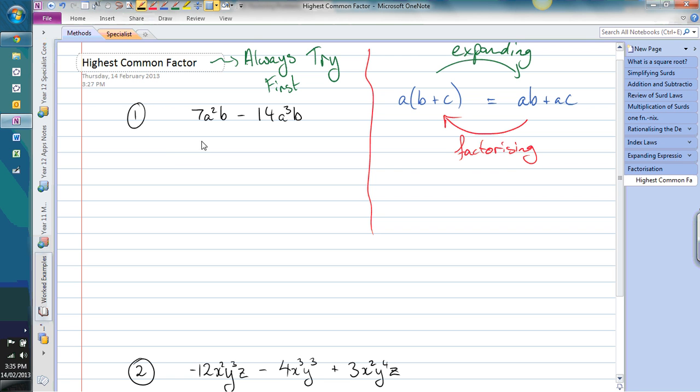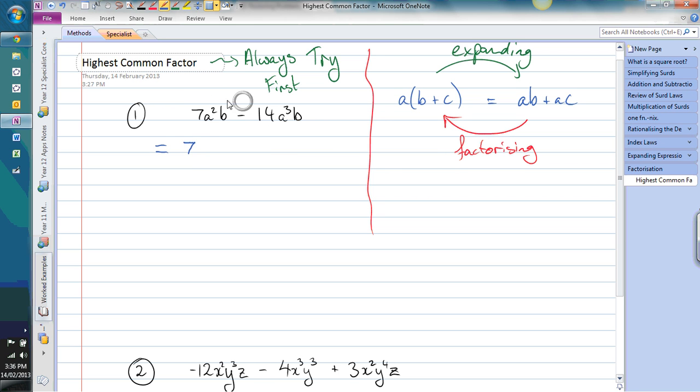And I'm thinking about what's the highest number that both of those can be divided by. What's the highest number that I can divide 7 and 14 by exactly? It's not hard to see that 7 is the highest common factor. Negative 14 can be divided by 7 exactly. 7 can be divided by 7 exactly.